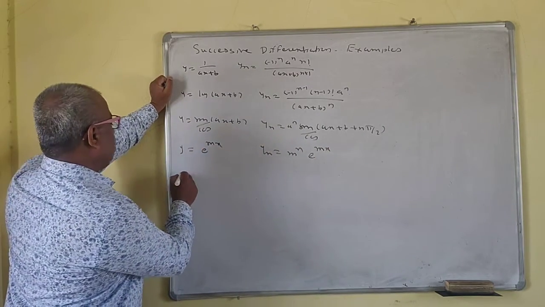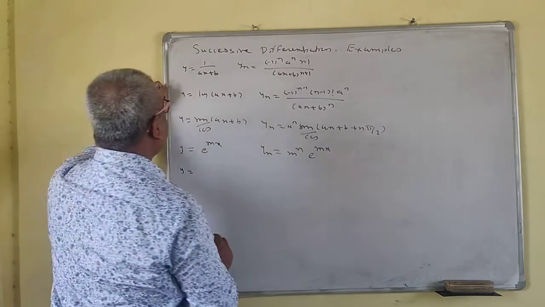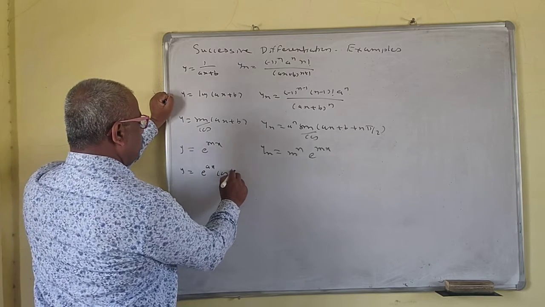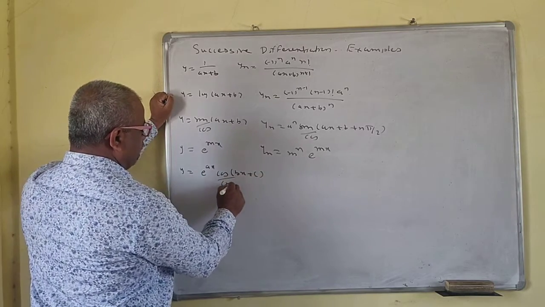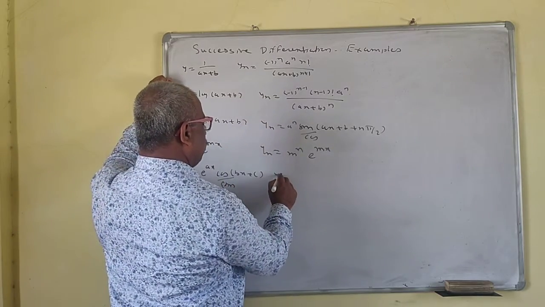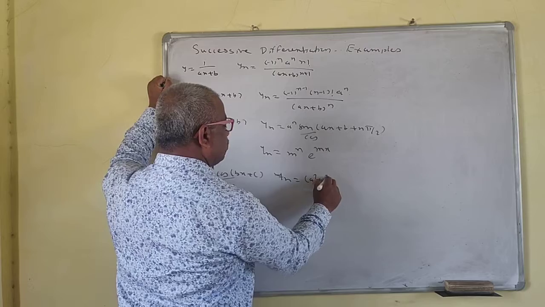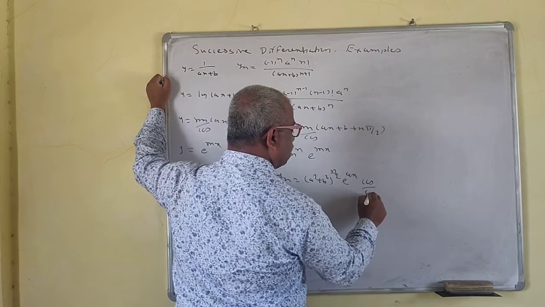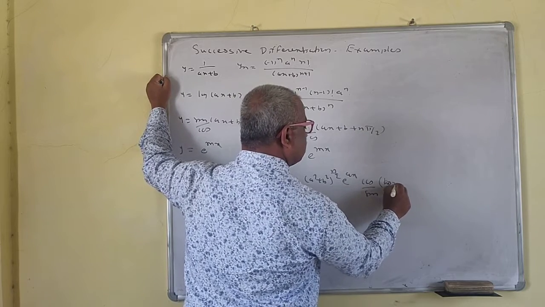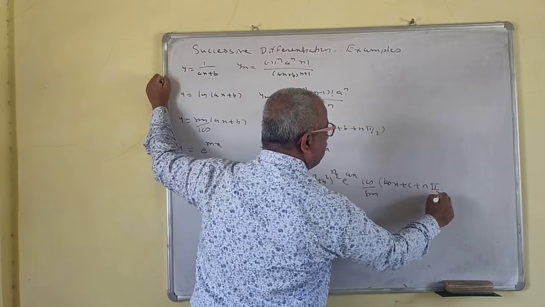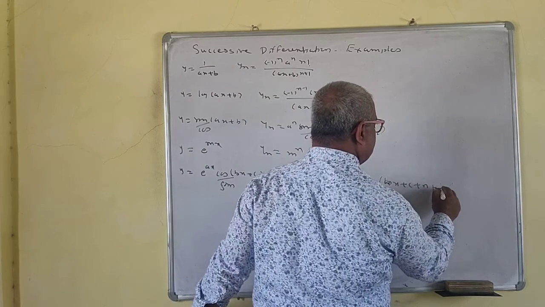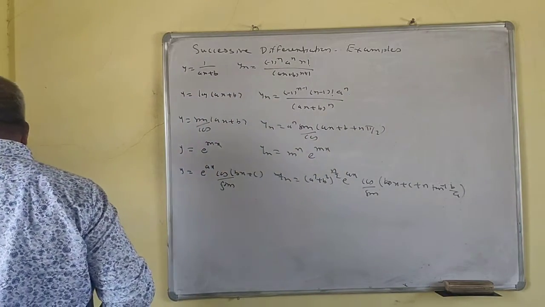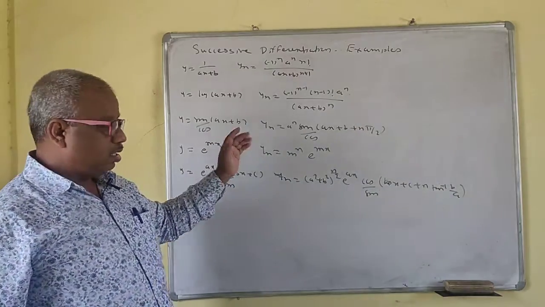Then for y is equal to e raised to ax cos of bx plus c, you may write this with sine also, then yn is equal to a square plus b square raised to n by 2, e raised to ax, cos or sine of bx plus c plus n tan inverse of b upon a. So this formula we have seen, and we'll see the problems on it now.